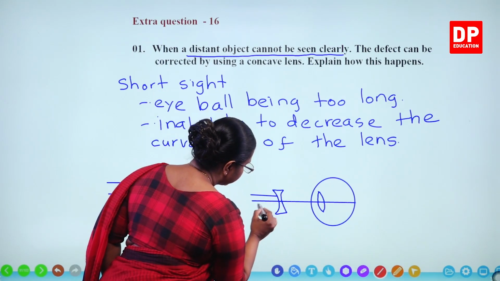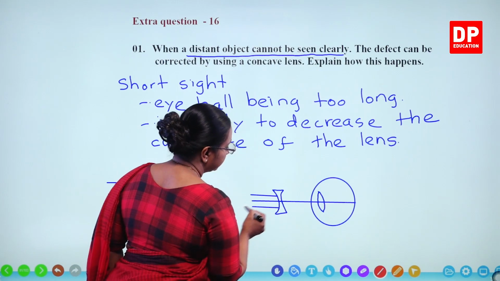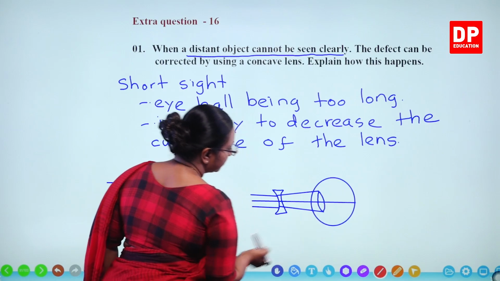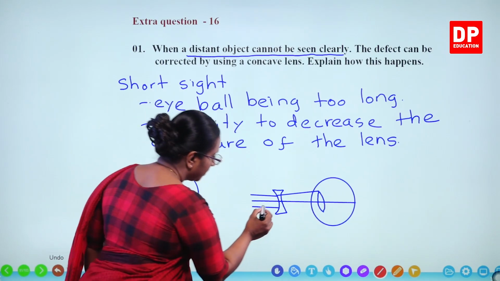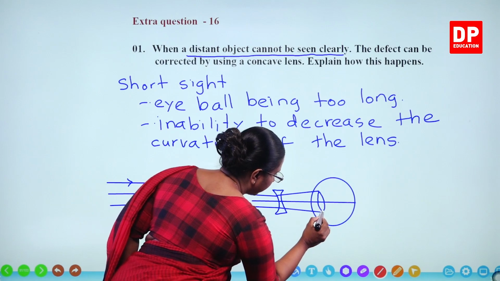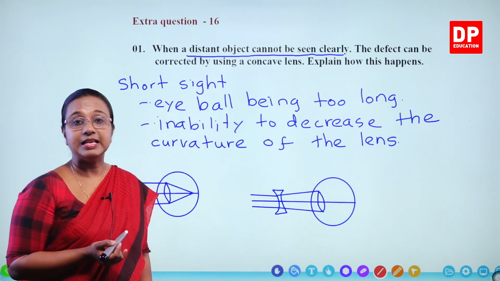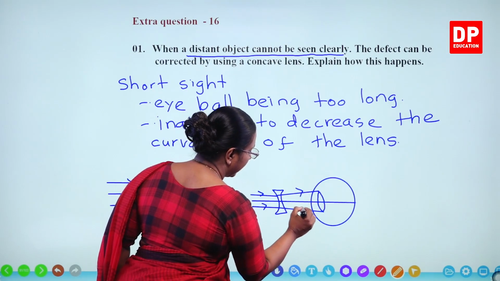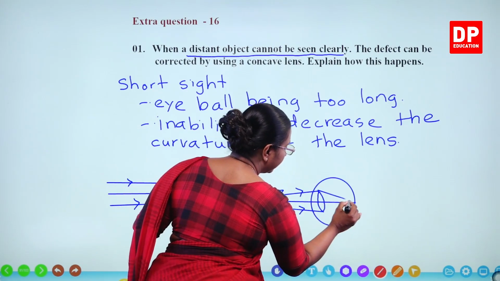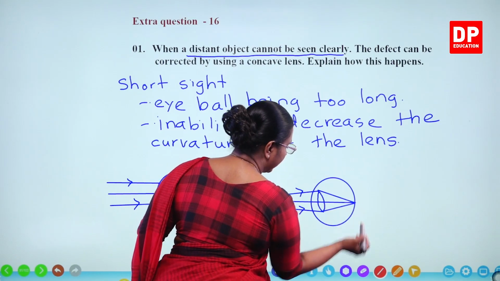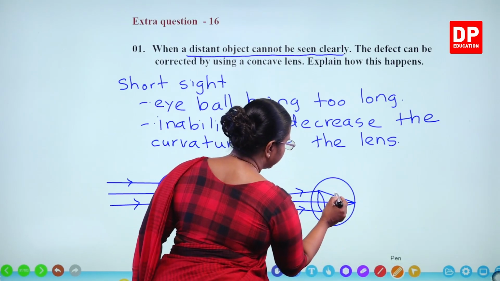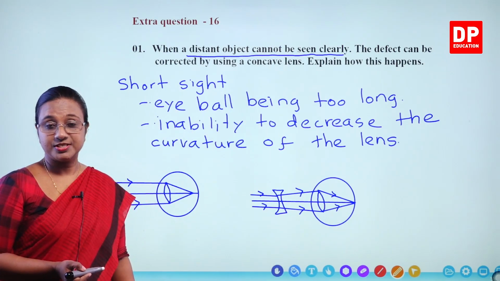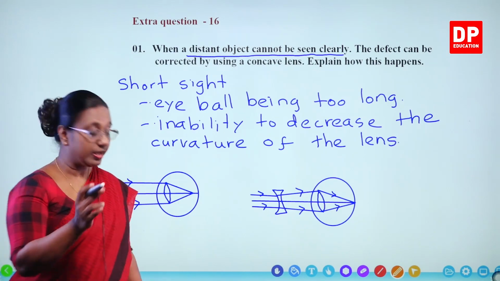The parallel rays that are coming from the distant object get diverged onto this eye lens. These are parallel rays coming from distant object. They get diverged first and then they are converged by the eye lens to form the image. So, this is correcting short sight. This is what we have to explain now.